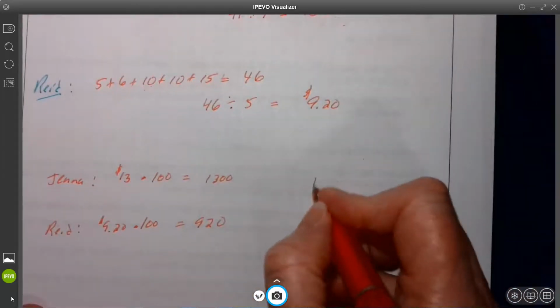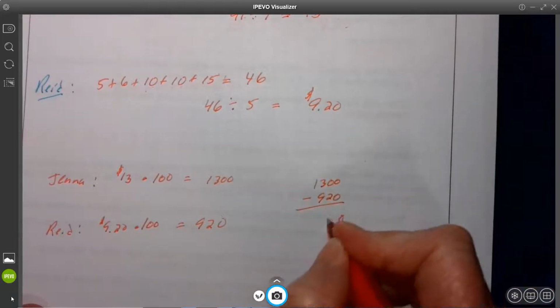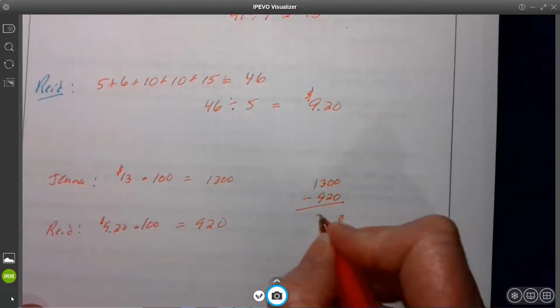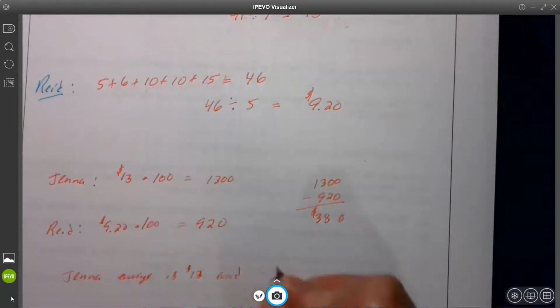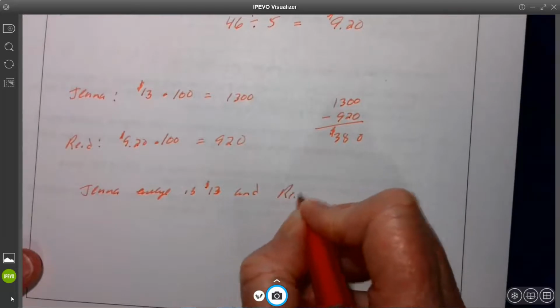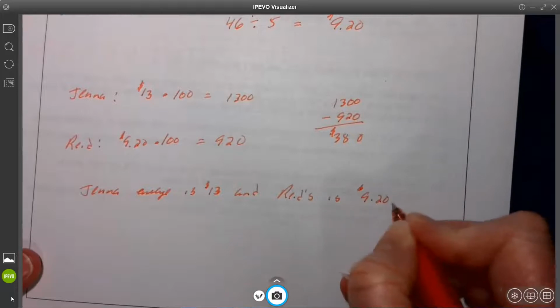So then what I'm going to do is take 1,300, which is Jenna's, subtract off 920, which is Reed's, and we get $380. I am going to make a statement at the end, and I might say that Jenna's average is $13 and Reed's is $9.20.